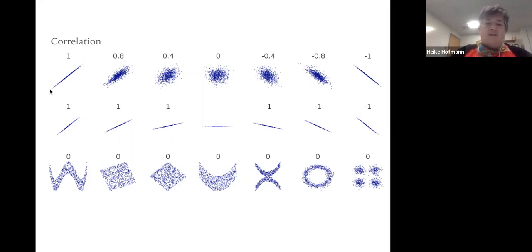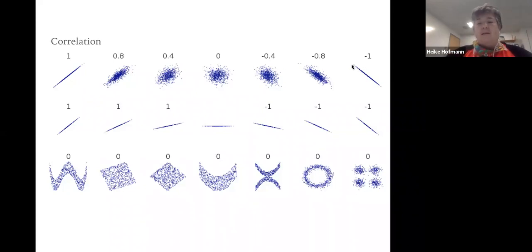If we've got a perfect line, correlation is 1 between X and Y. If we've got more and more scatter, the correlation coefficient goes down. And then we change the directionality of the linear relationship and we switch into a negative correlation.